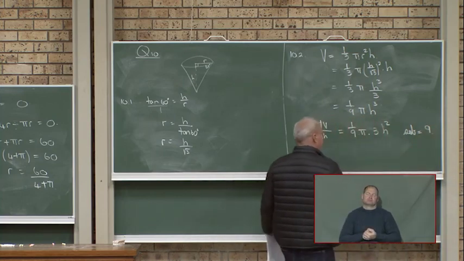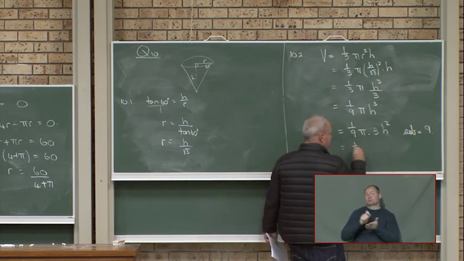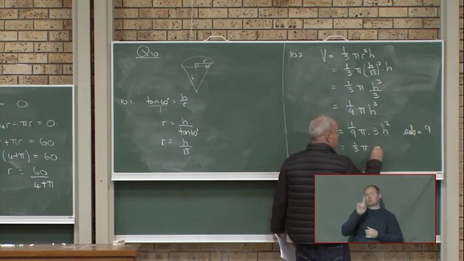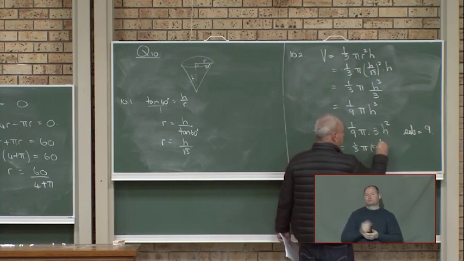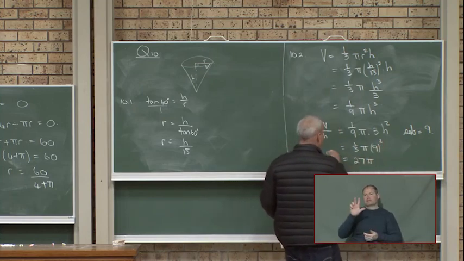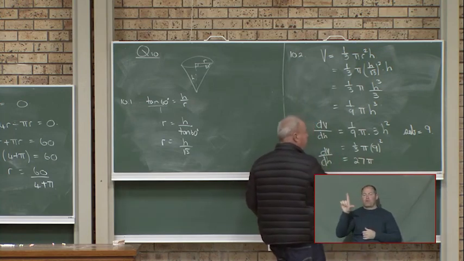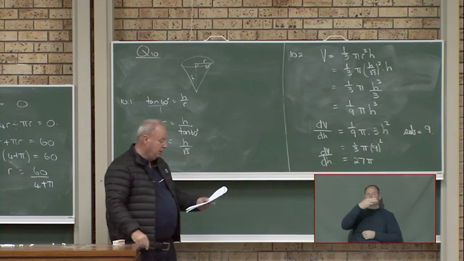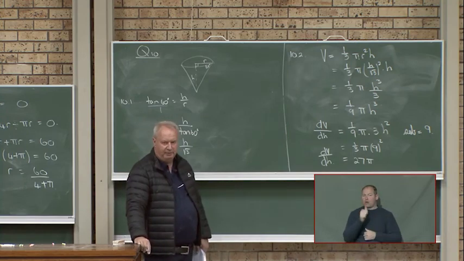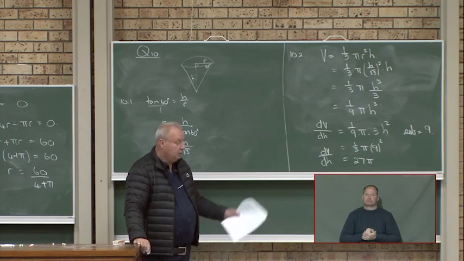So in this case, that is 1/3 pi 9 squared, which is 81, which is 27 pi. So the answer is 27 pi. Are you with me? Are you happy with that? Right.